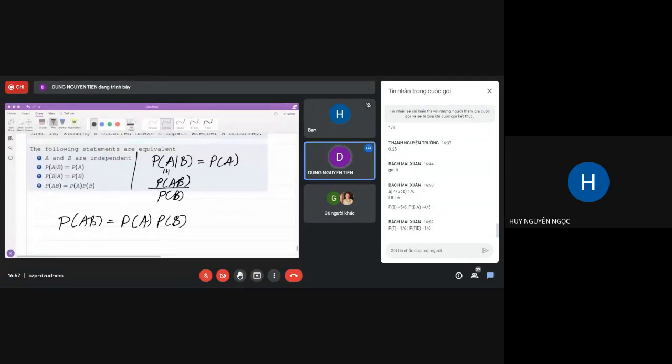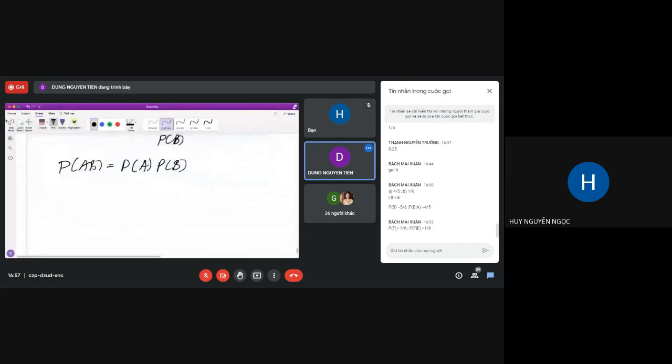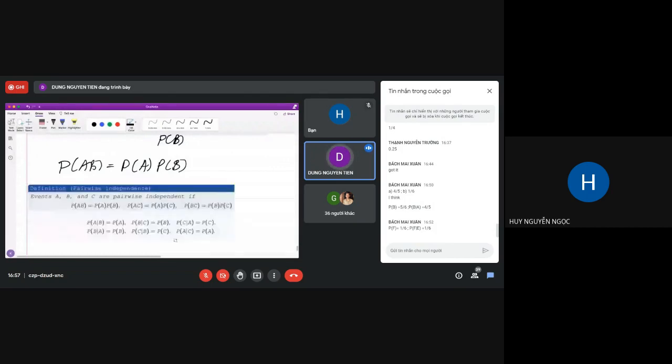That is the concept of independence of two events. How about three events? What if you have three events like A, B, C?